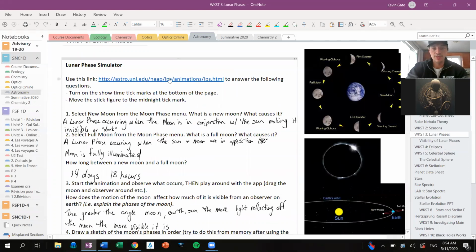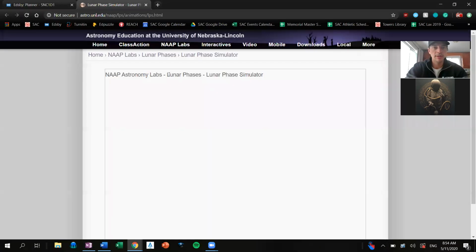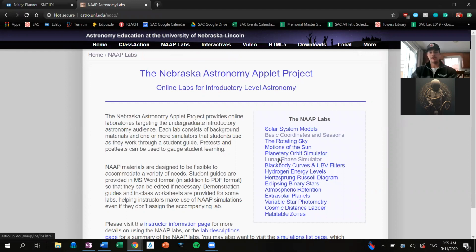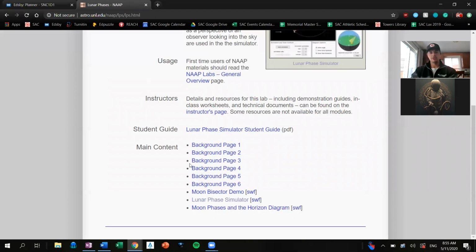Today's lesson will also feature another one of those lovely online simulators, which I think do a really good job of explaining the phenomenon. So again, today, you're going to be clicking this link. Now, if your link doesn't work right away because your Flash isn't auto-enabled, which is a common occurrence, and it's happening to me as well, then you can just go to NAAP Labs, and then today you're going to go to Lunar Phase Simulator, scrolling all the way down to the bottom.